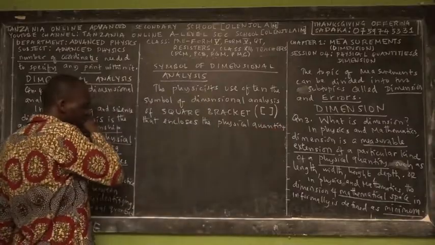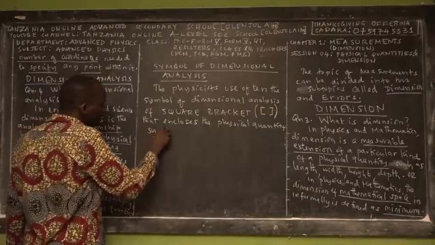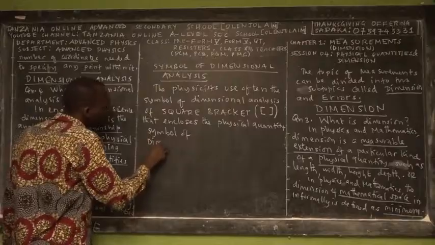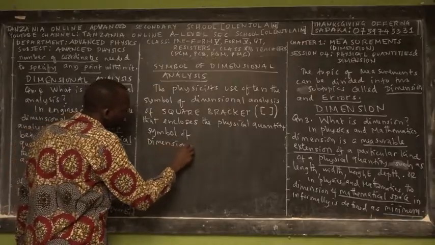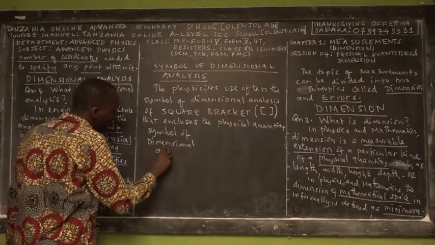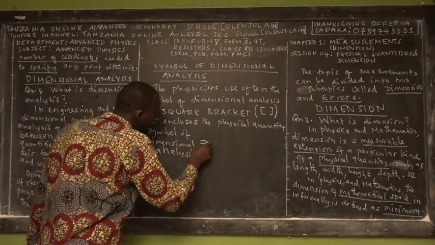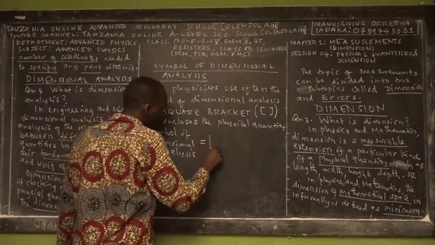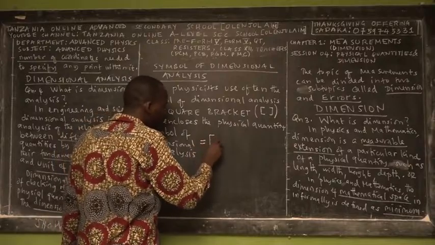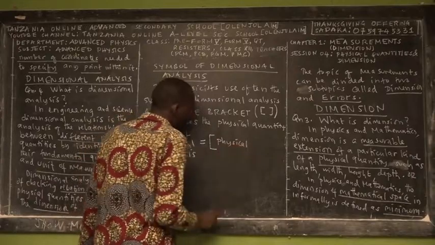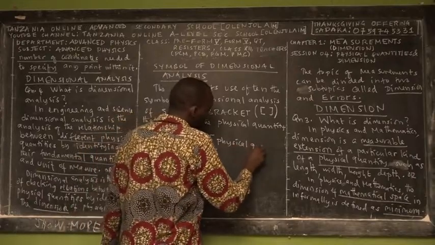So the symbol for dimensional analysis, ladies and gentlemen, is this one: we have the open square bracket, and inside we have only one physical quantity.